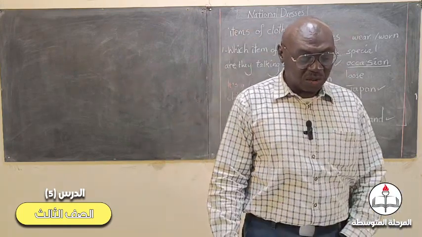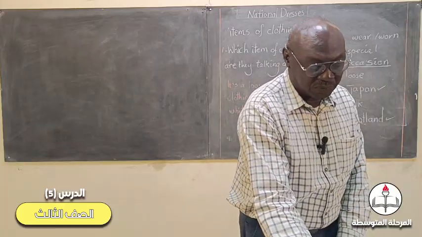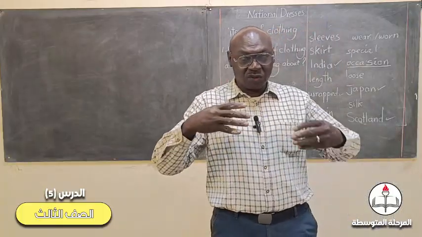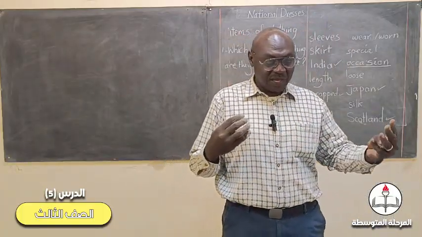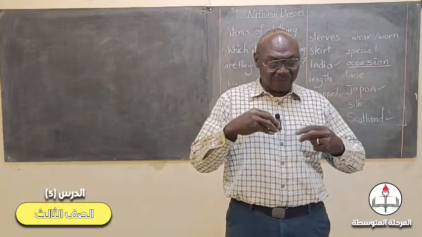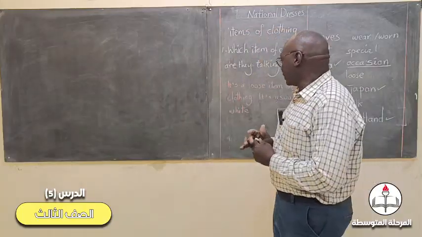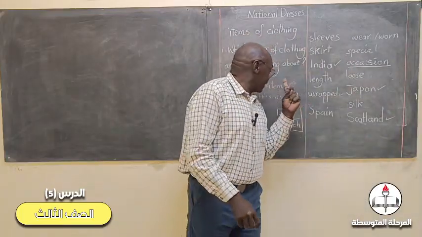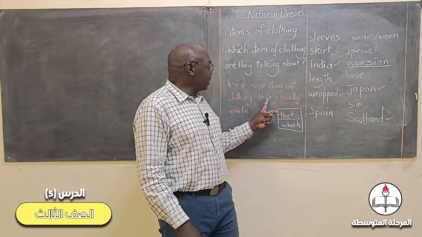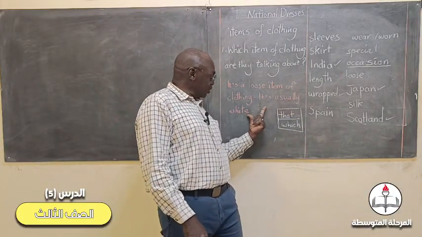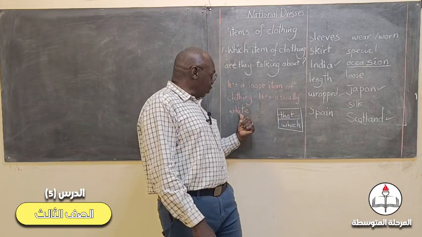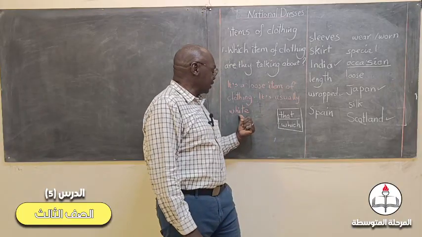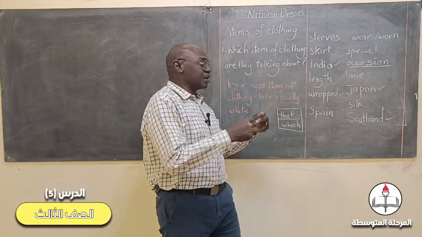That and which are usually used for defining or joining two sentences describing the same thing. The first sentence, it is a loose item. The second sentence is, it is usually white. What is white? The same item of clothes here. So the two sentences describe the same thing.